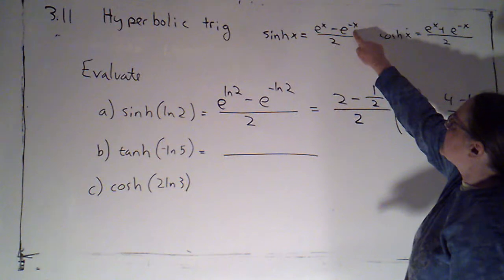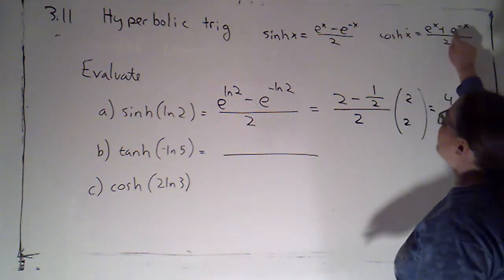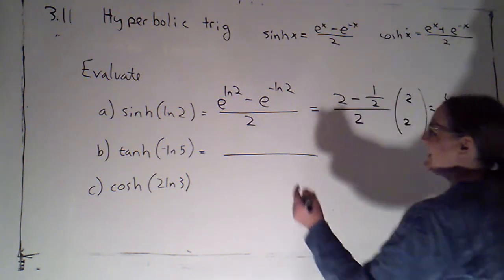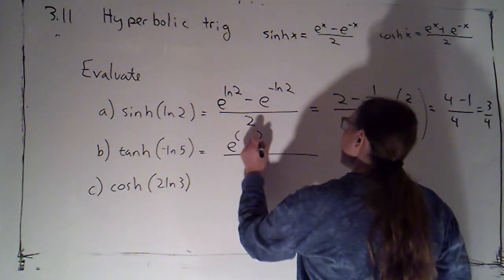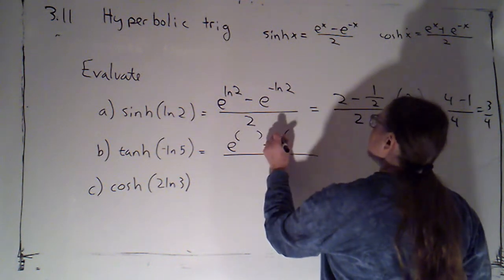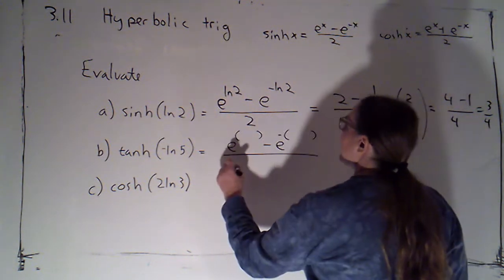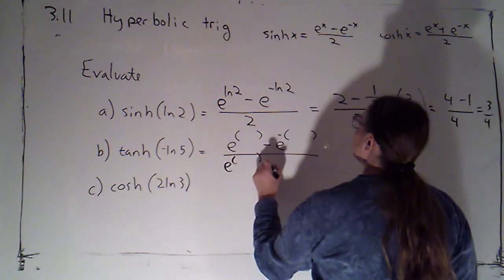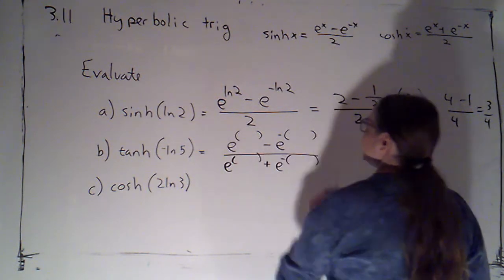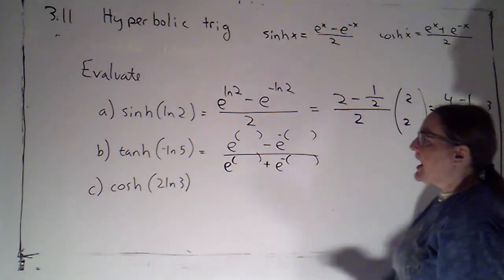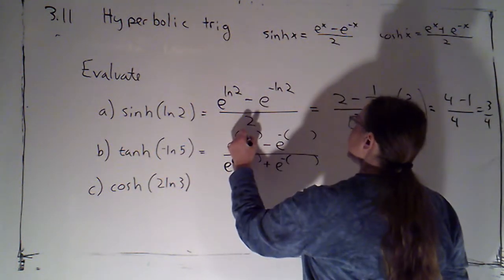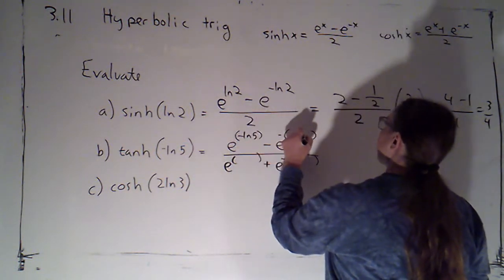So I'm getting just the top of sinh over the top of cosh. Okay, so it's going to be e to a power minus e to the opposite of that power over e to a power plus e to the opposite of that power. And then what we're plugging in is the opposite of the natural log of 5.